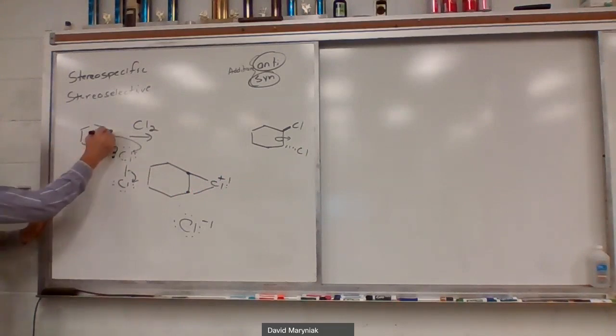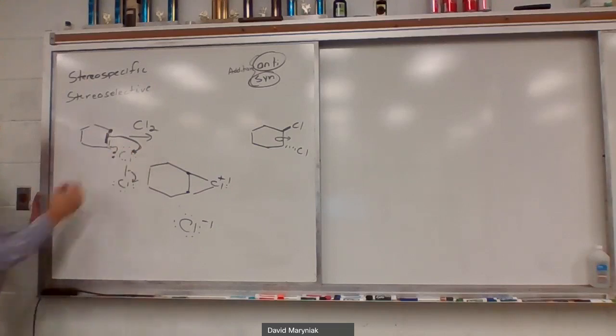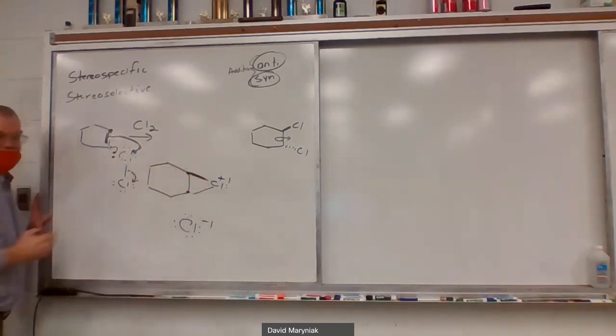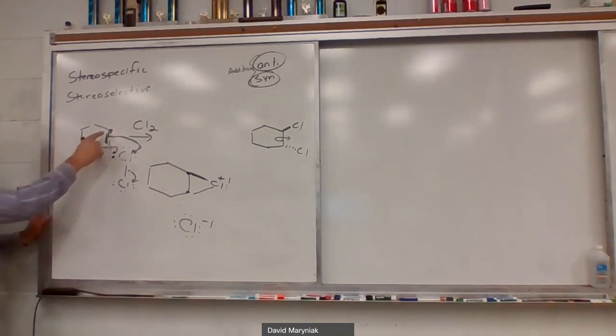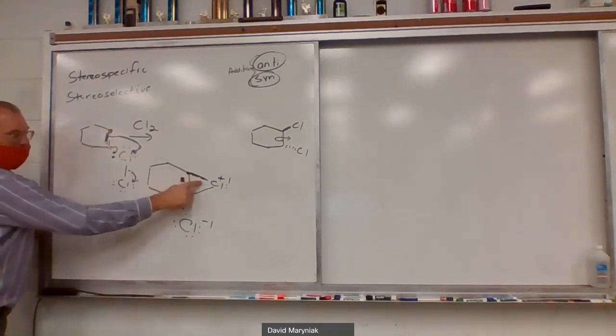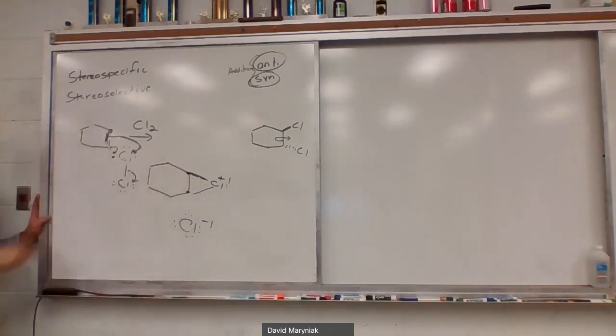And what about this carbon? Did it lose that pair? Or does it still have that pair? That carbon has this pair, and that pair is now there, so that carbon still has that pair. So would its charge change?